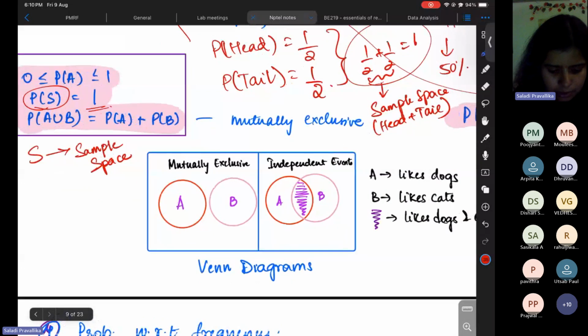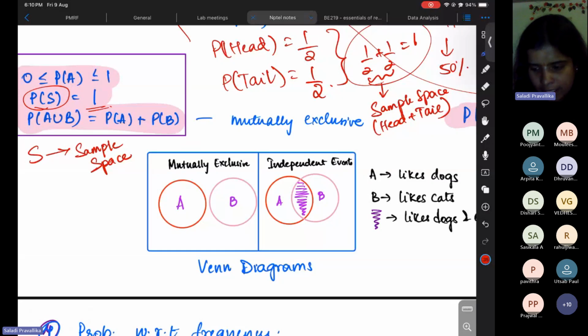And then let's come to some Venn diagrams. Now let us take an example. There are some people who like dogs. There are some people who like cats only. And in the population that I have taken, maybe like 10 people, I have asked everyone, do you like cats or do you like dogs? Maybe some people have told me that they like cats.